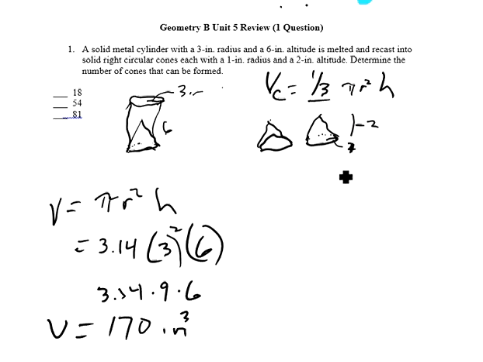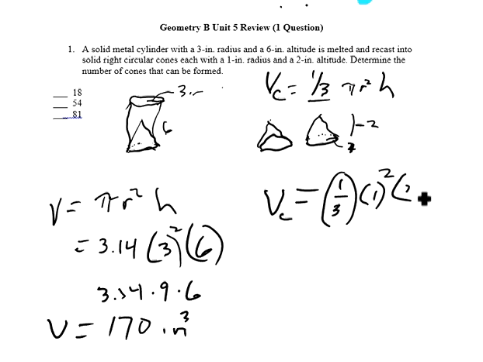So these are little cones. Let's find out the volume of each cone. The volume of a cone, C for cone, will be 1/3 times r squared, and r is 1 squared, times h, and h is 2. Okay, this math is a little easier.